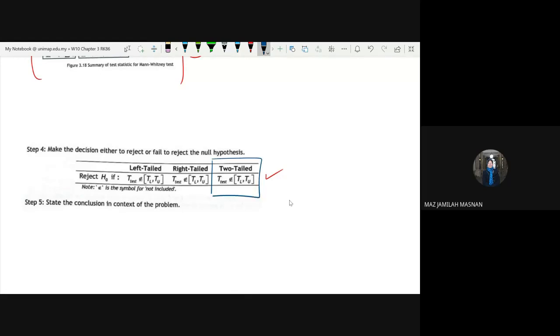You reject the null hypothesis if the value of your t-test is not inside the range of t lower and t upper.